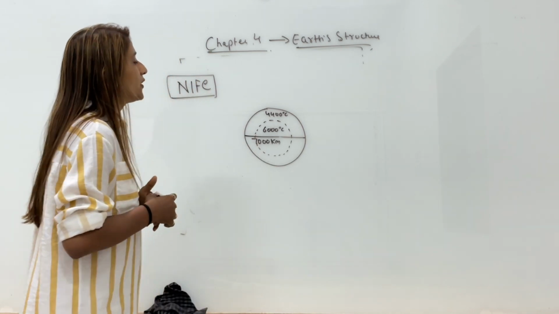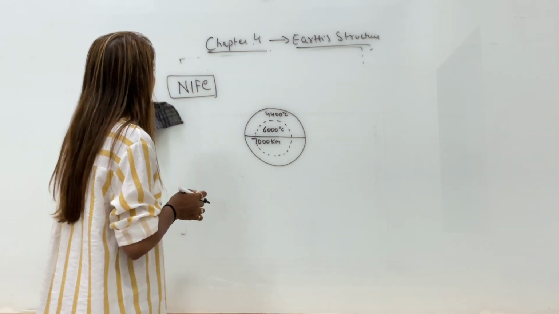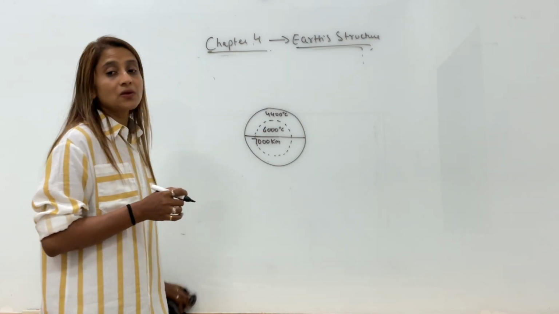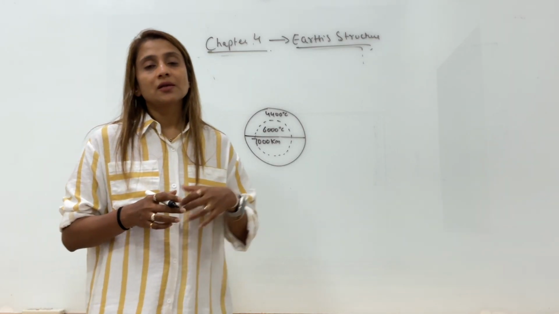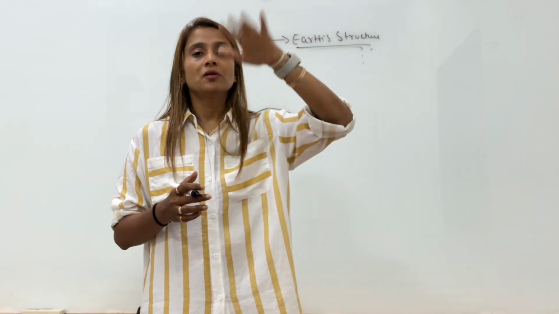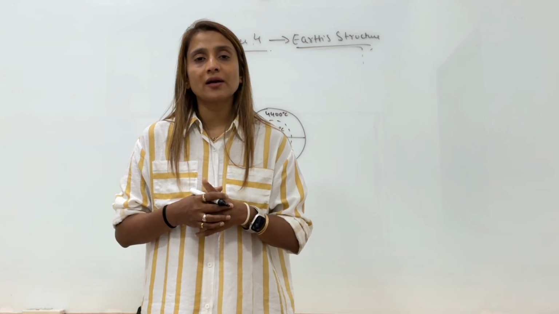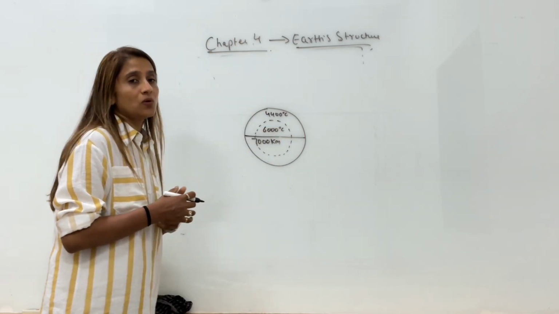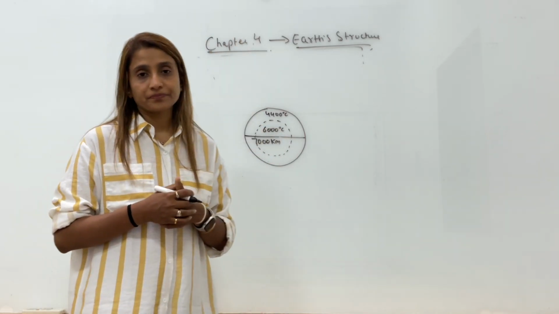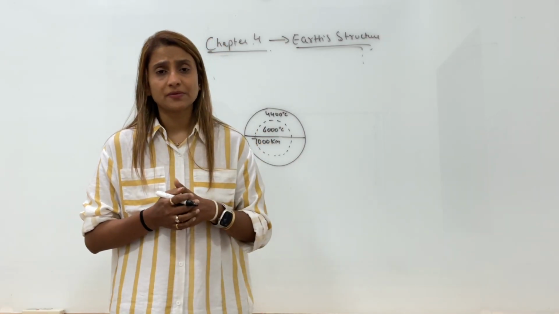Inner core, in spite of having 6,000 degrees Celsius temperature, is in solid state, because in the inner core, density and pressure both are very high. Density and pressure are so high that they keep the inner core in solid state. So primary and secondary waves both can pass through it.